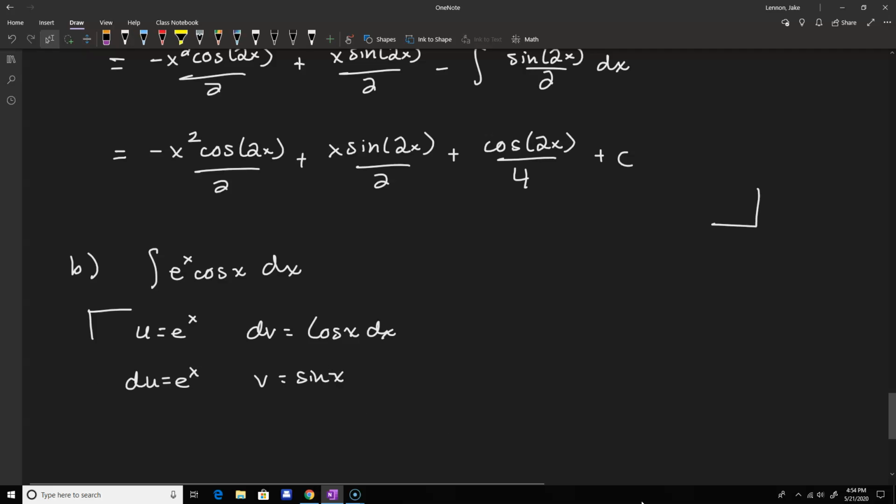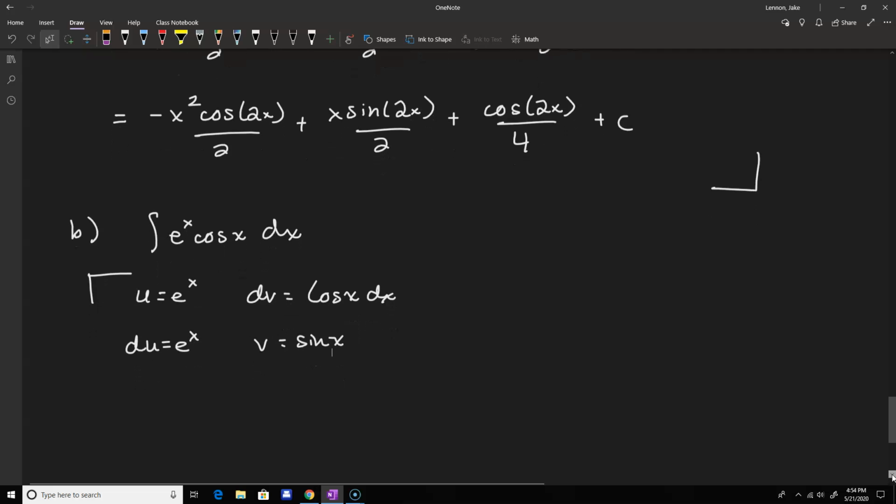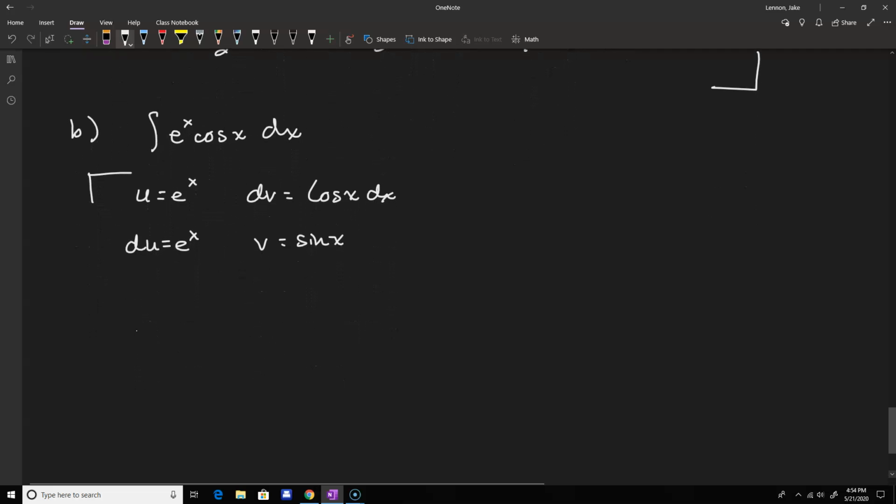So then this integral of e to the x cosine of x dx is equal to uv, which is e to the x sine of x, minus the integral of v times du, which is e to the x sine of x dx. So the dx is here in this one as well.